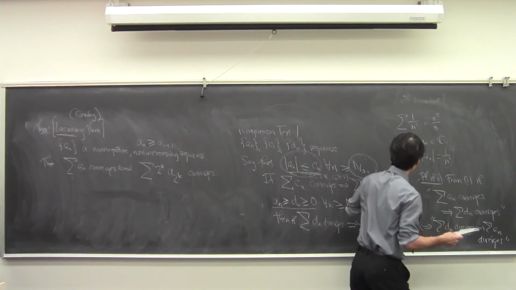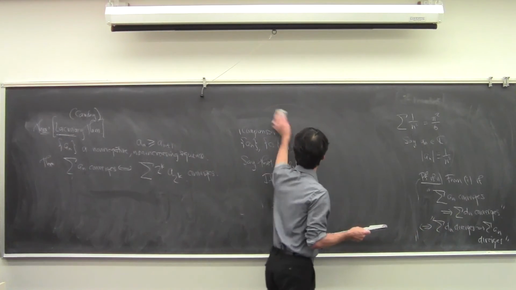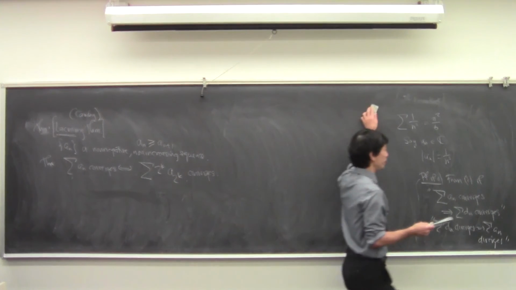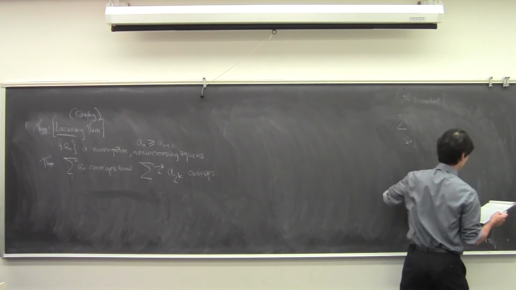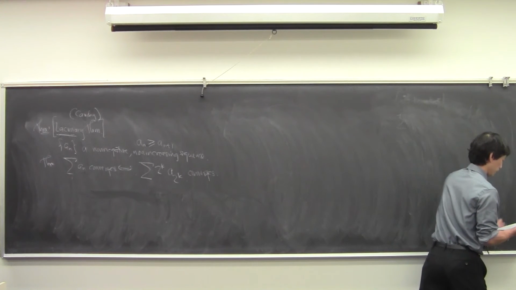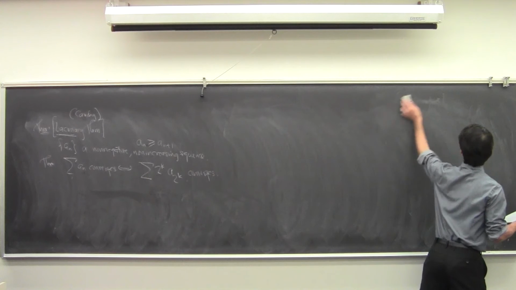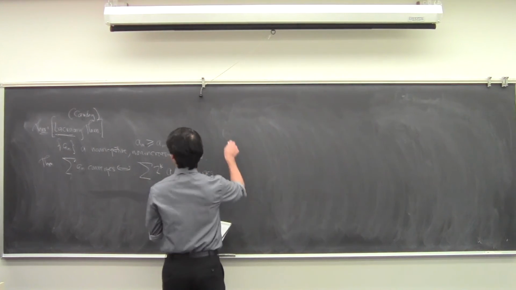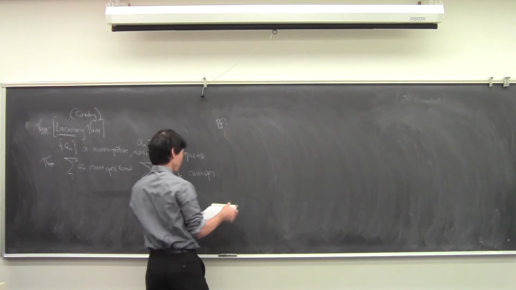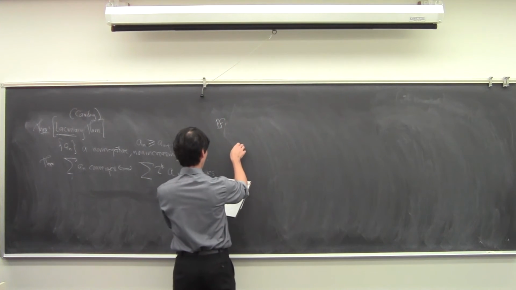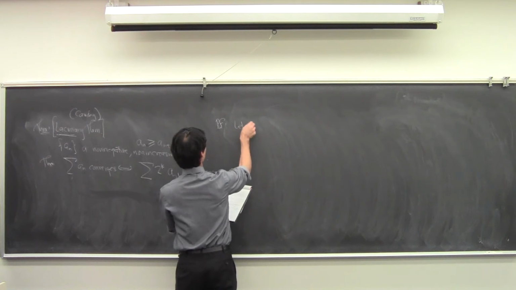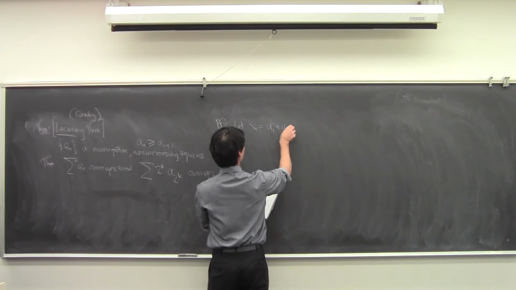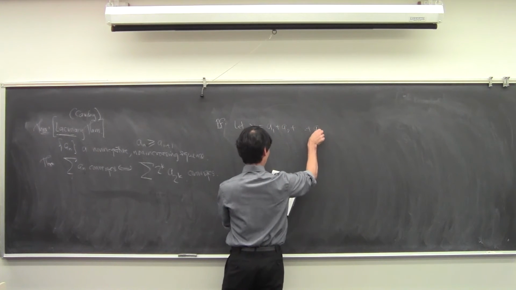This is a kind of cool and pretty useful theorem. We're going to use it a lot in the next few minutes. Okay, so here's the proof of it. Let S sub n be a1 plus a2 plus up to a sub n.